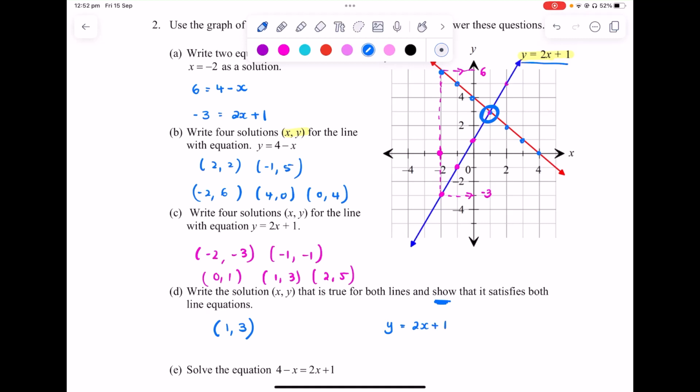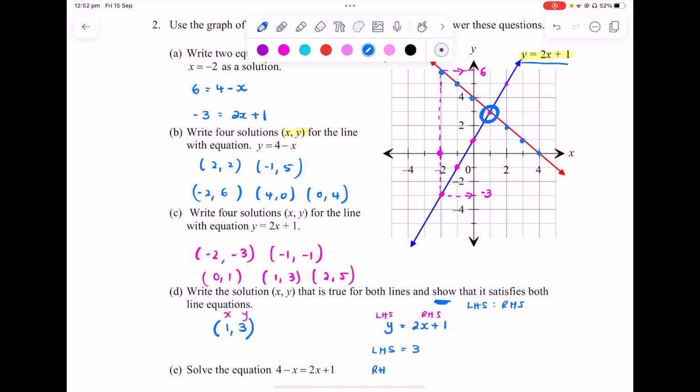To show that means I need to do that left-hand side and that right-hand side work. So going through it again, left-hand side, right-hand side, and my point is x is 1 and y is 3. For my left-hand side, I've got 3, because I just have y.